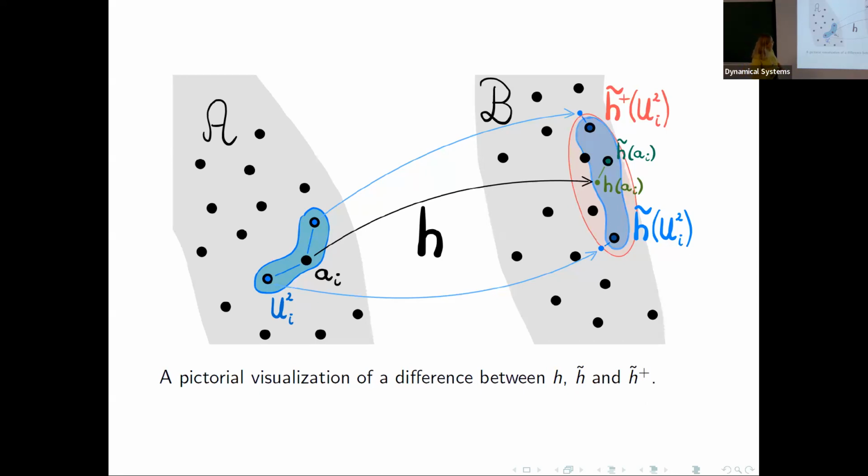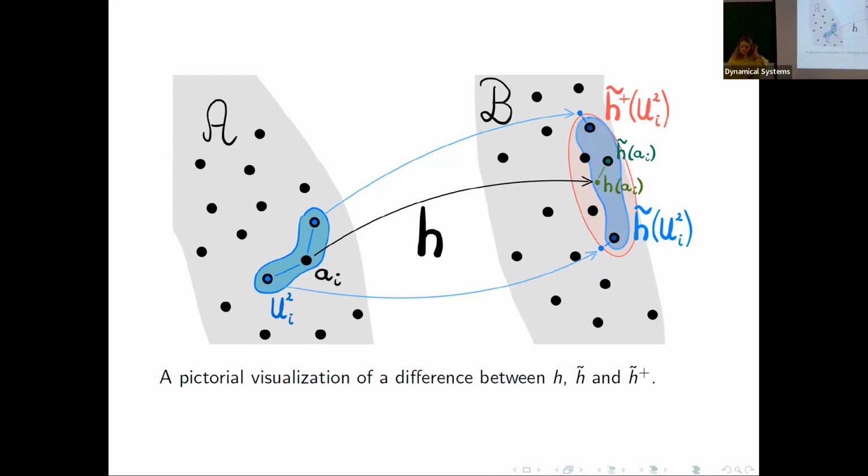Then we do the same with these two points. Again, we match them by h and look at their best approximations in the time series we are provided. In this way we obtain h tilde of this U_A, this blue set here, which corresponds to this, so this is its image under the mapping h tilde.